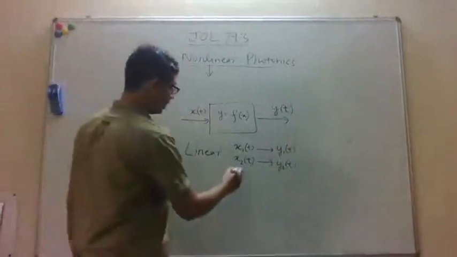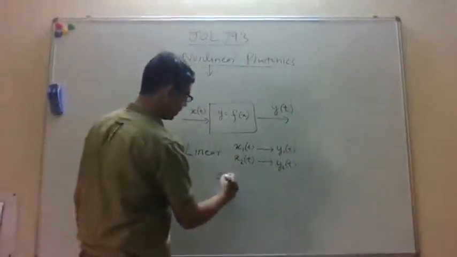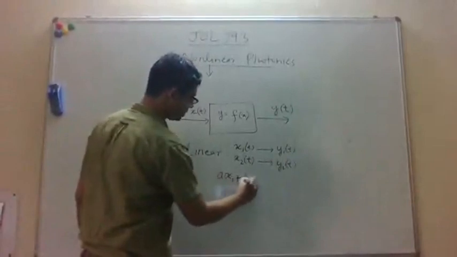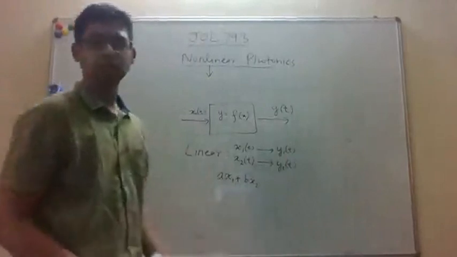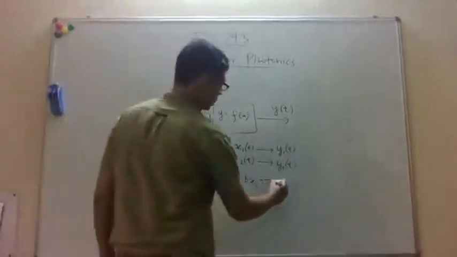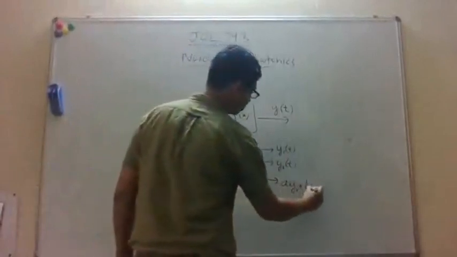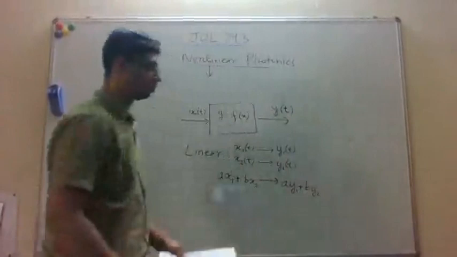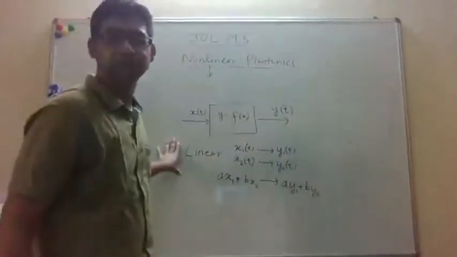For a linear system, if I give any linear combination of the two inputs, so some a times x1 plus b times x2, where a and b could be any constants, then if the system is linear, the output would be a linear combination of the corresponding outputs, right? That's what a linear system means.